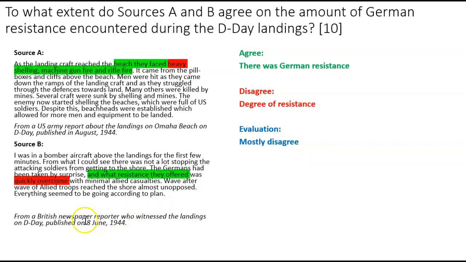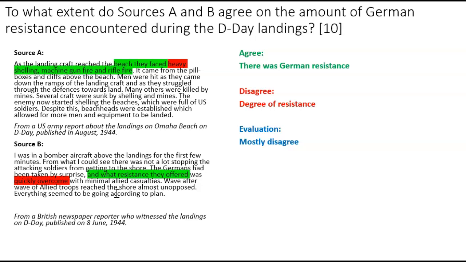So, for example, this source B is a journalist in a bomber aircraft. If one is in an aircraft, they might not be able to tell very much what's going on, but also a journalist might have a particular purpose in what they write, a morale boosting effort, for example. So they might gloss over the fact that many soldiers were dying.